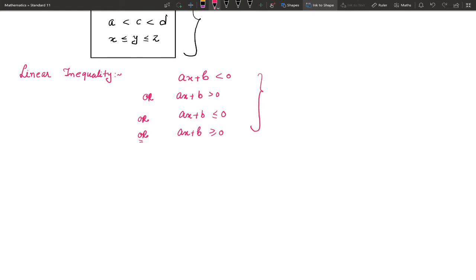So these inequalities are known as linear inequality in one variable.